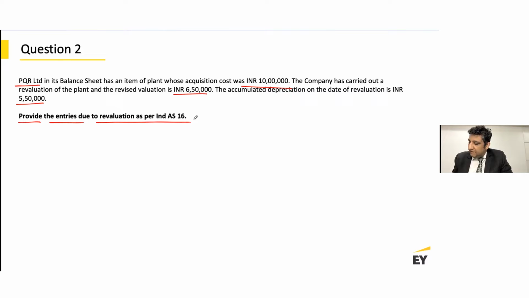All right. So what is the value that we are getting when this revaluation is happening? What is the value of that asset on the date of revaluation? We are provided that the cost of the asset is given as 10 lakh rupees.